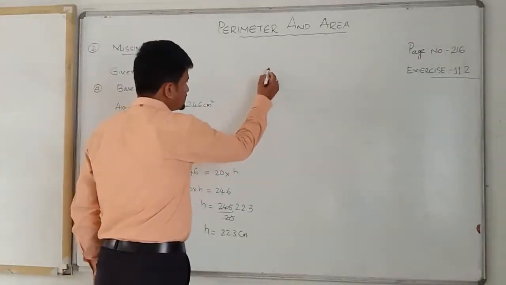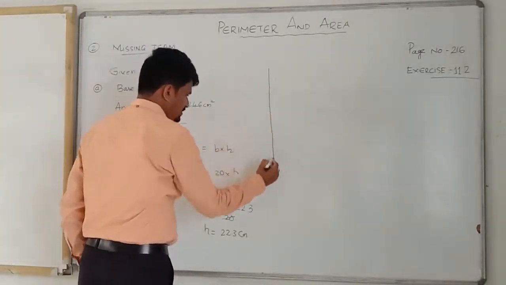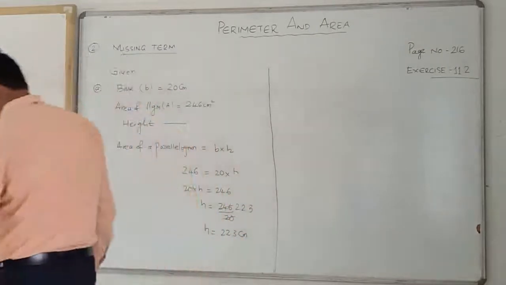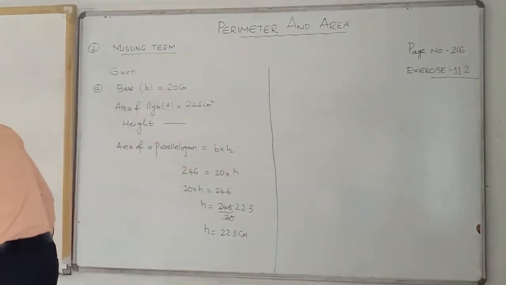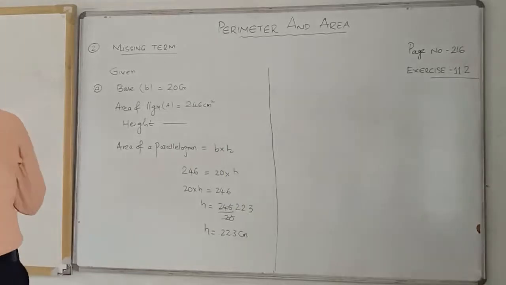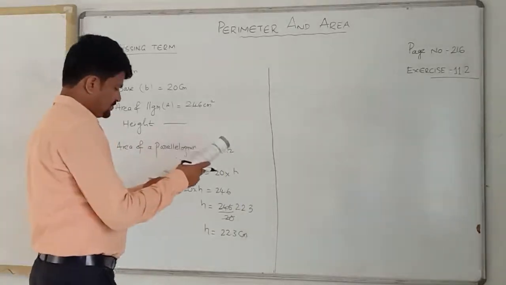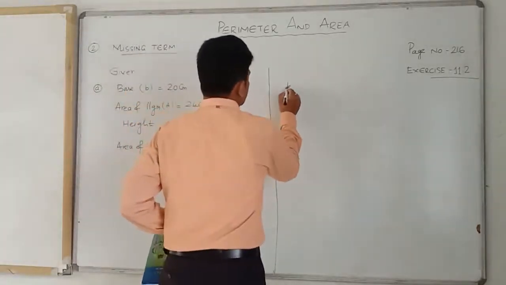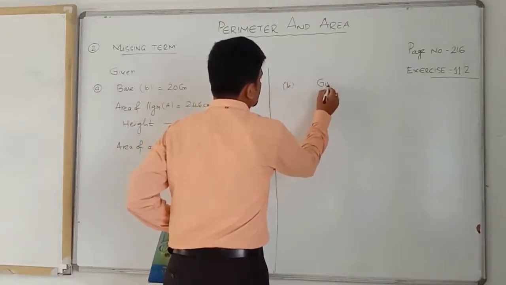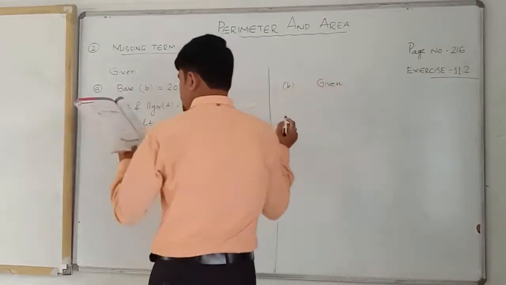Okay. Shall I go for another one? The same question, question number B. I'll write short forms here. What are given?